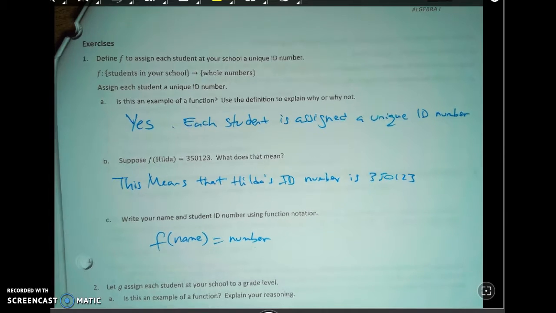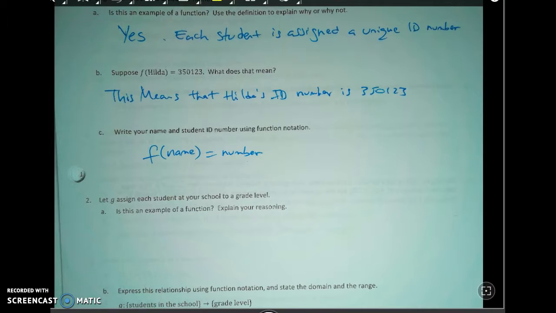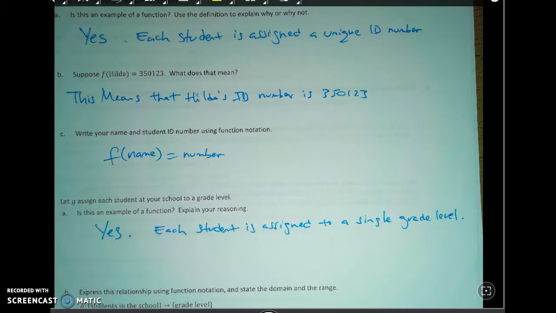For the second exercise, it says let G assign each student at your school to a grade level. Is this a function or not? If you answered yes, you are right, because each student is assigned to a single grade level. You cannot have a student be in both 7th and 8th grade. They're assigned to a specific grade.